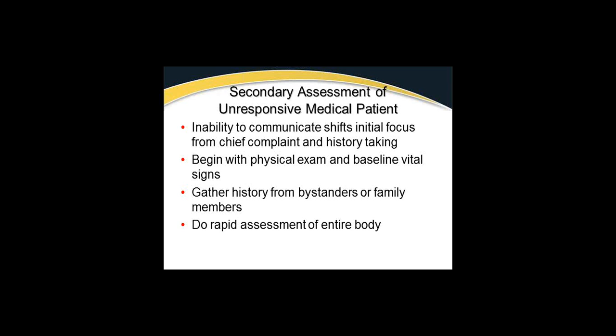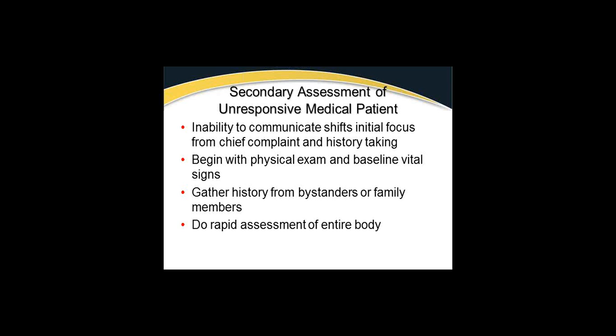This needs to mimic the rapid trauma exam we did on our trauma patients, because they can't tell us. Look at my hands, look at my feet, look at my abdomen. All we have to go off of is what we can gather from the scene, from the bystanders, and possibly from our history with this patient.